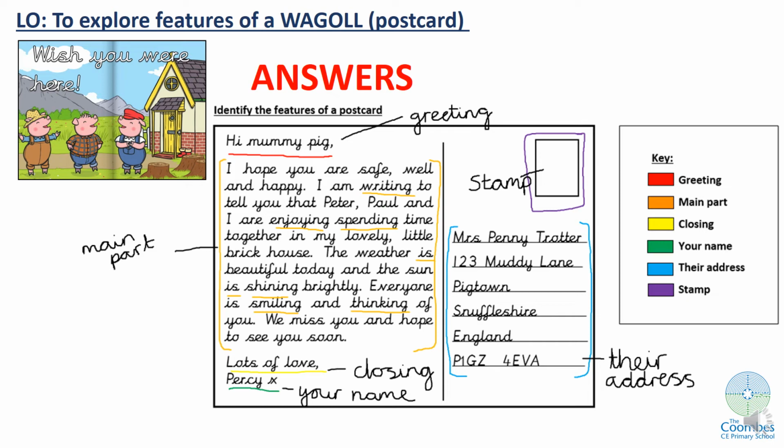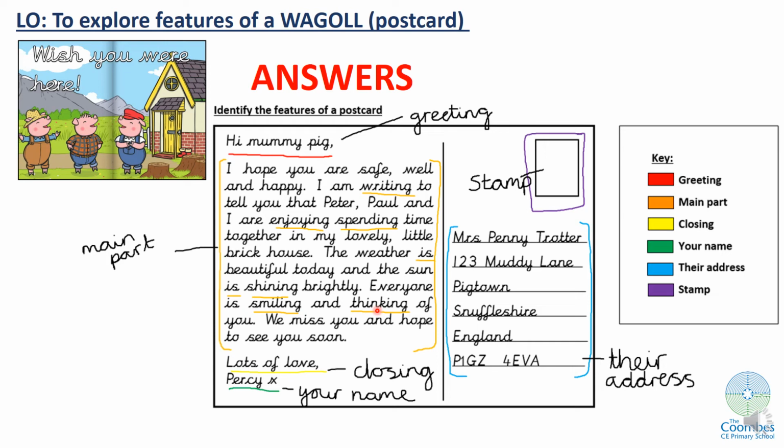For those of you who did it independently, just check through your answers to see if you've got everything in the right place. So it starts off with the greeting, then it's the main part, the big orange bit. And what I've done is I've just underlined some key words. And these key words show that it's written in the present tense.